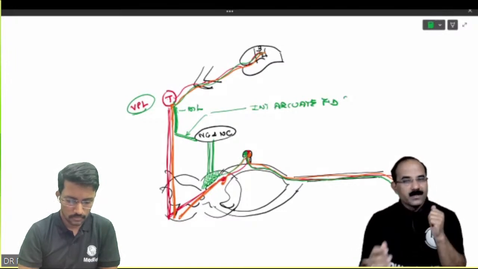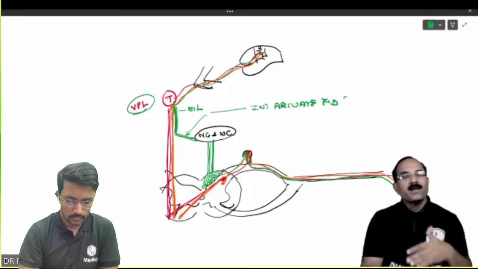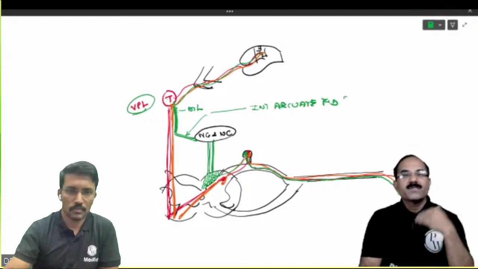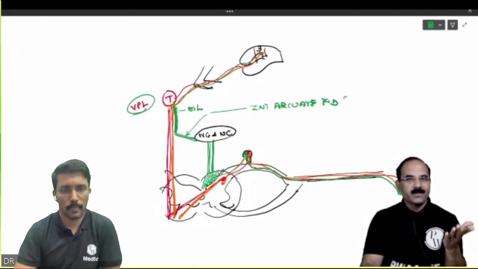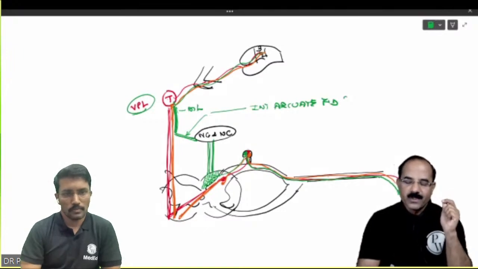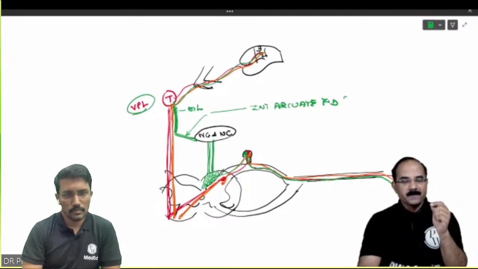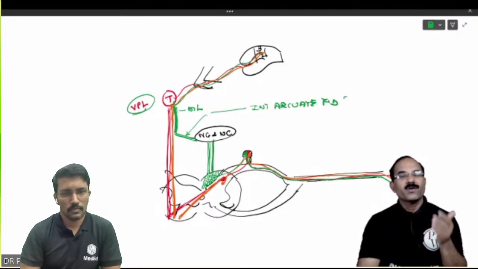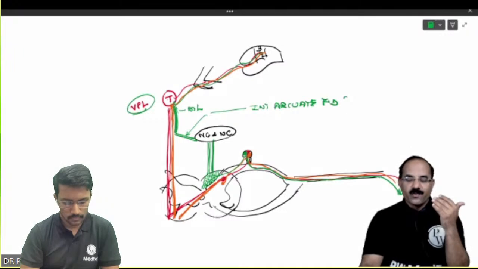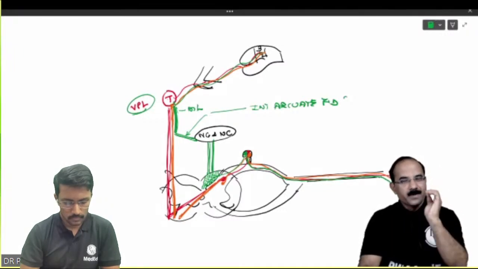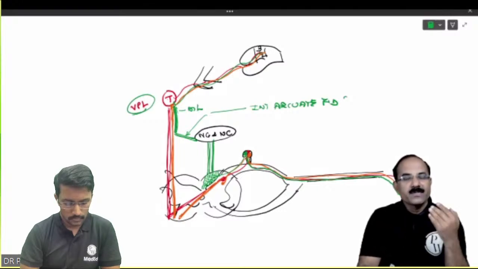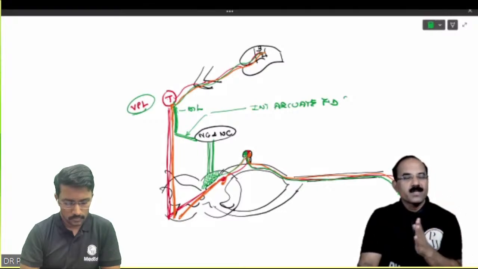And there are some fibers which carry unconscious proprioception to the cerebellum, and these are the spinocerebellar tracts. Again, the first order neuron is the dorsal root ganglion. The second order neuron is the Clark's column or the nucleus dorsalis. The fibers climb up, and this is what we call the posterior spinocerebellar or the dorsal spinocerebellar tract.